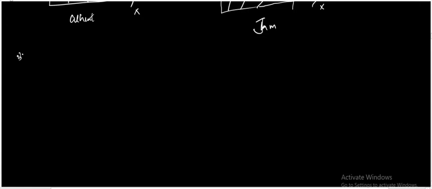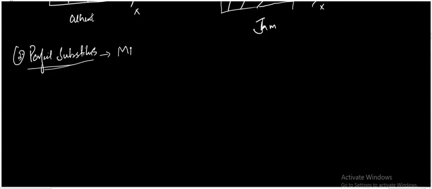Now first I will be taking up perfect substitutes. As I've already talked about, if the goods are perfect substitutes, MRS will be constant. Therefore the indifference curve will be a straight line.